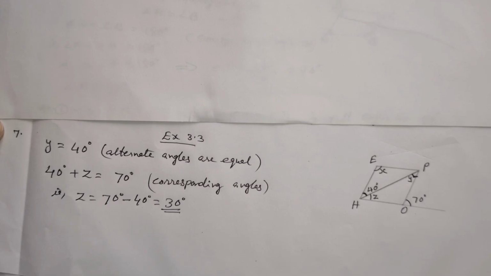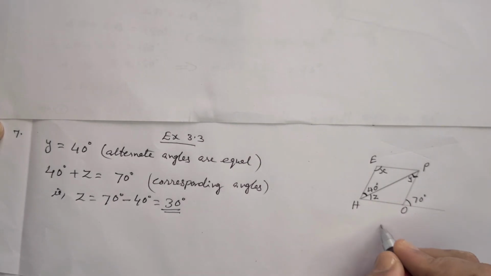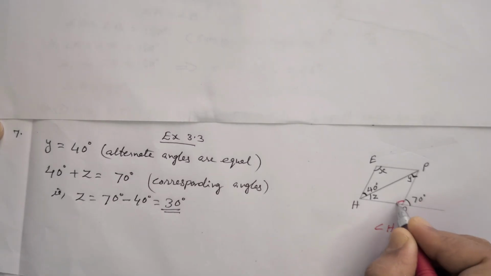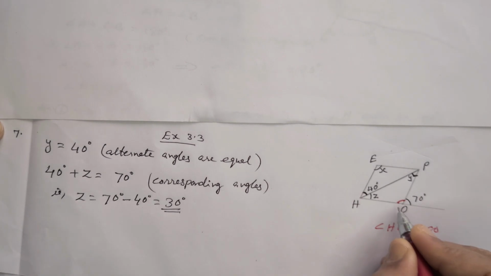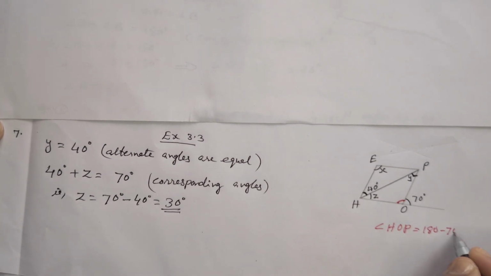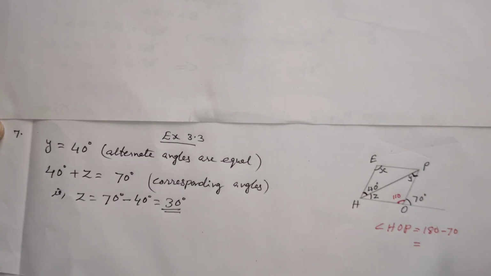Next, we know that this angle is 70 degrees. Then angle HOP, that means this angle, will be 180 minus 70, because this is a linear pair. So it will be 110. Reason is linear pair.